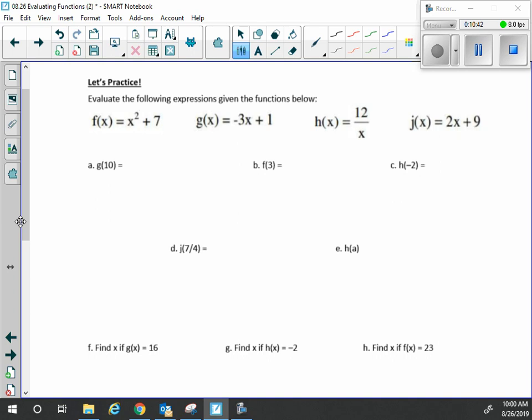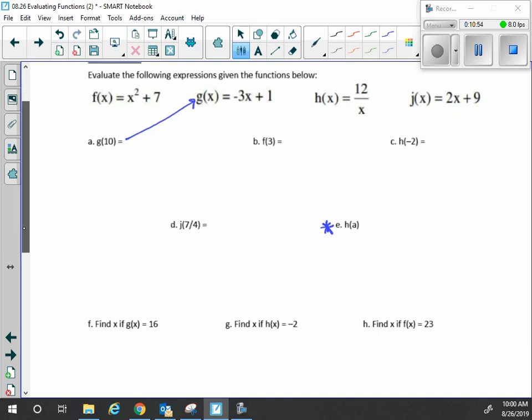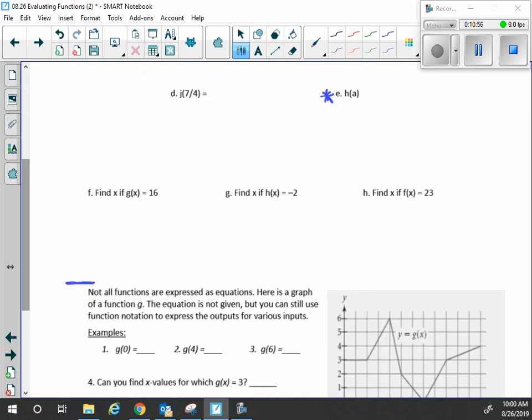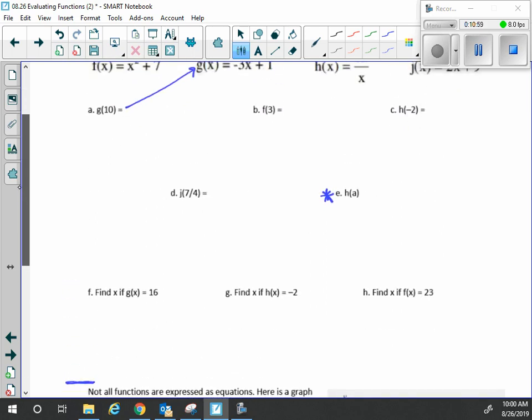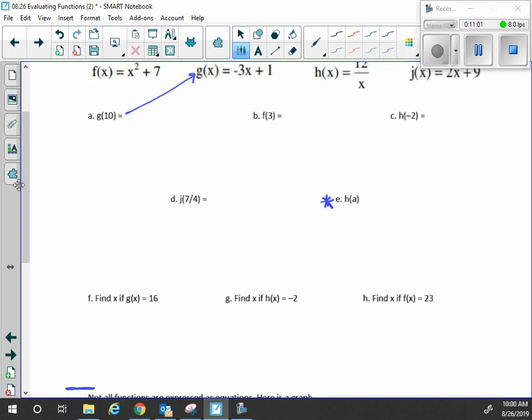G. So it says g of 10, so I'm going to use this function to answer that, okay? And you're going to do everything except letter E and stop when you get to this graph down here. So you're doing A, B, C, D, F, G, H, okay?